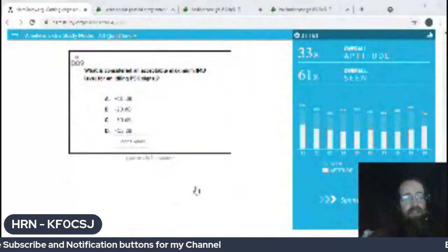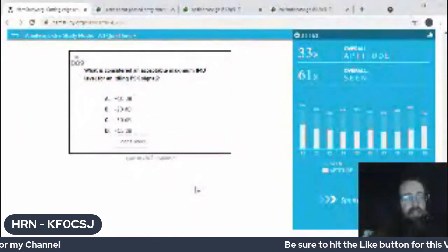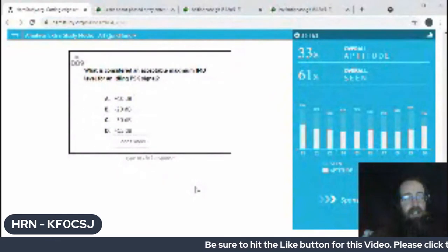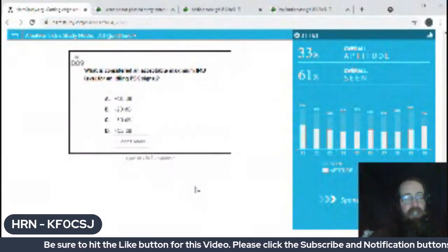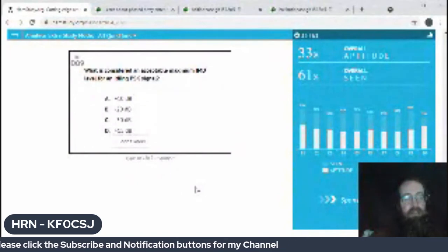What is considered an acceptable maximum IMD level for an idling PSK signal? A: plus 10 dB, B: minus 20 dB, C: minus 30 dB, D: plus 15 dB.